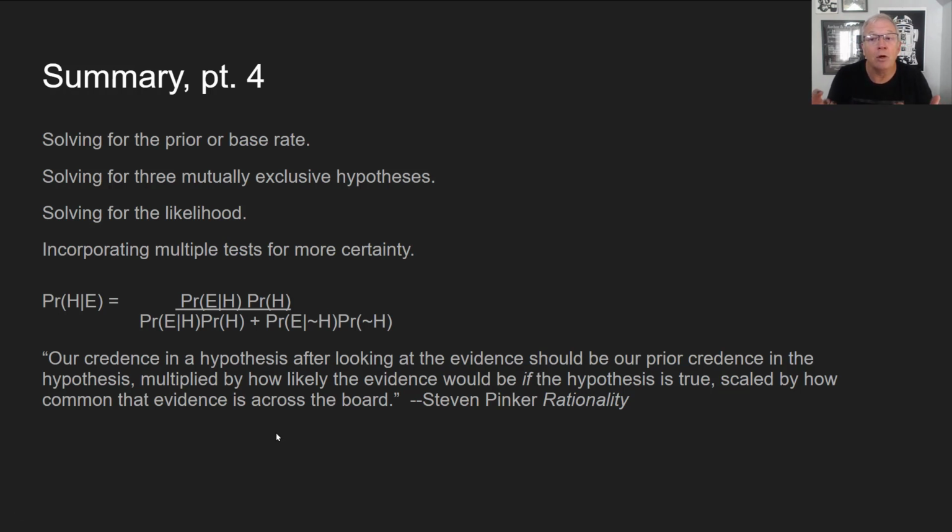Your credence in a hypothesis, the extent to which you should believe some new hypothesis after you've looked at the evidence, that's the posterior, should be your prior credence in the hypothesis. How much did you believe it beforehand? Multiplied by how likely the evidence would be if the hypothesis were true, that's the likelihood, scaled, there's the fraction, by how common that evidence is across the board.